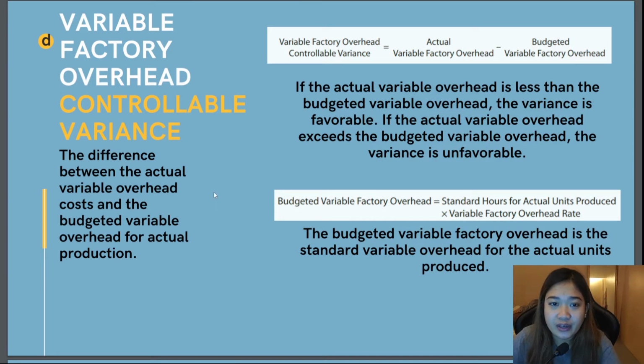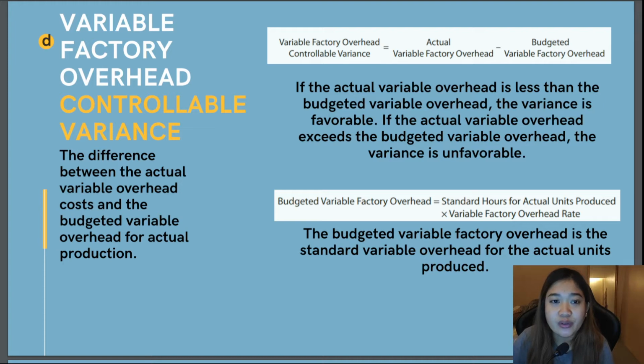Factory overhead controllable variance. It is the difference between the actual variable overhead cost and the budgeted variable overhead for actual production. To get the variable factory overhead controllable variance, we have actual variable factory overhead minus budgeted variable factory overhead.